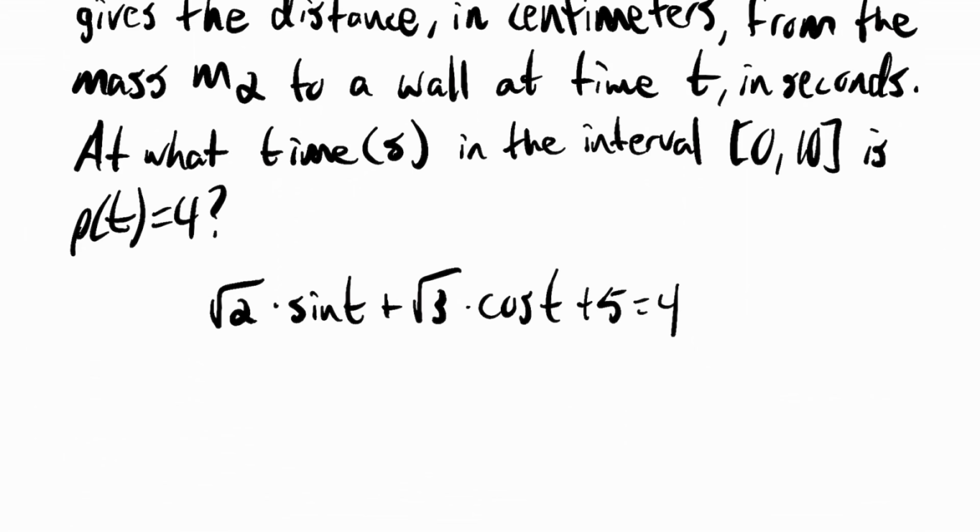In previous videos we had an example where, say, cosine was squared, so it was quadratic in form, and we could do a substitution and use the quadratic formula. That's not going to work here. This is linear in form. There's no squared anything. To start with, I'm going to subtract 5 on both sides. So I'll have root 2 times sine t plus root 3 times cosine t equals negative 1.